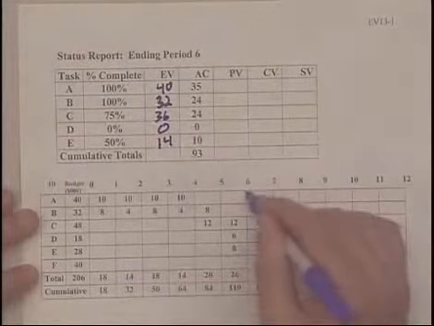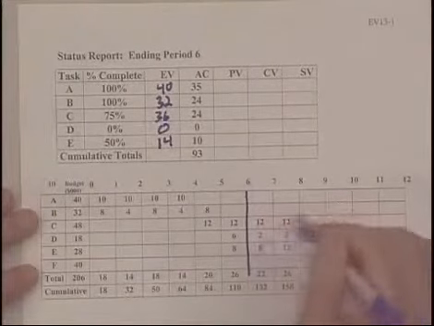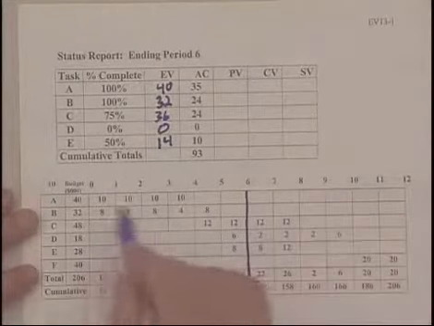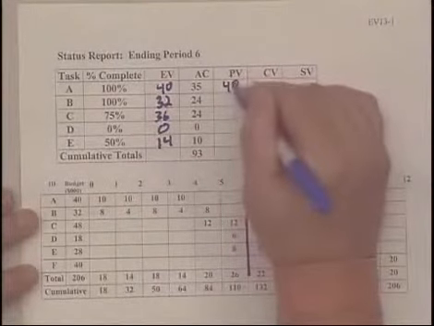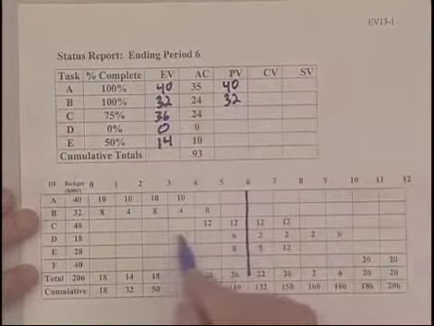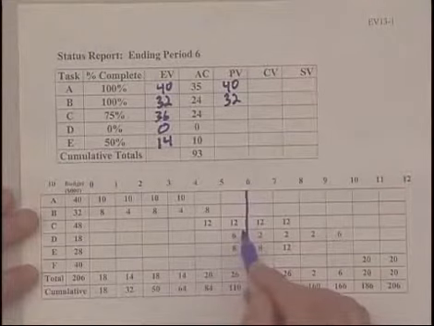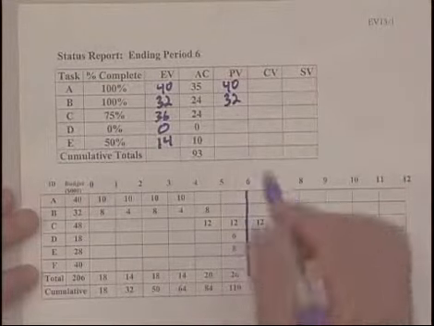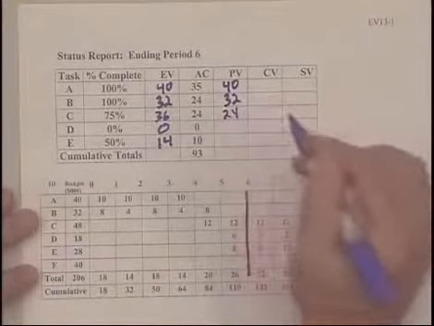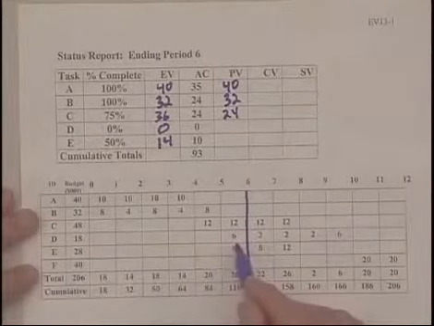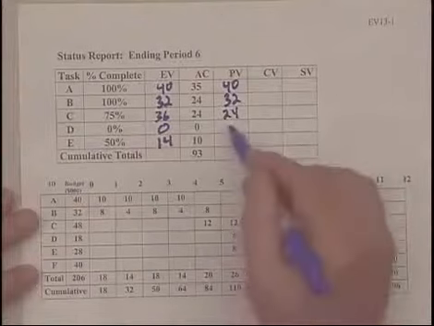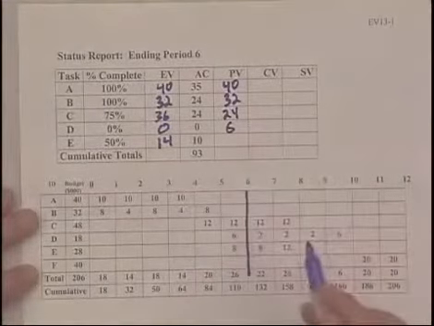Now we look at the end of period 6 to see what was supposed to happen. Sure enough, A and B were supposed to be done. And at the end of the 6th week, $24,000 worth of C work was supposed to be done. We put that in. D, even though it hasn't started, was supposed to have started, and $6,000 worth of work was supposed to be done.